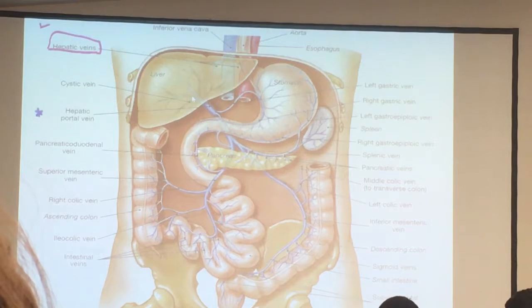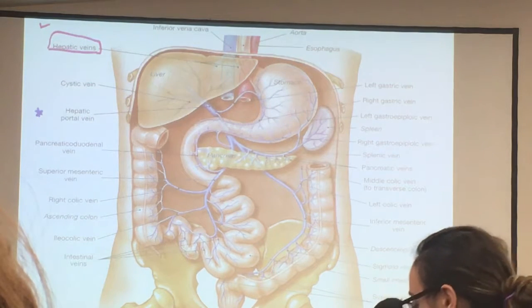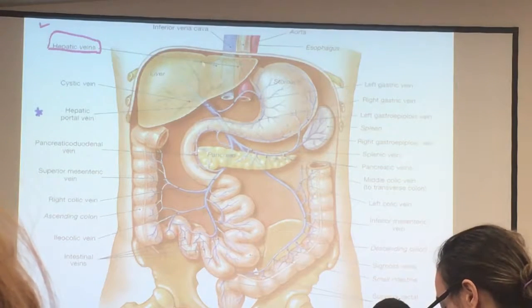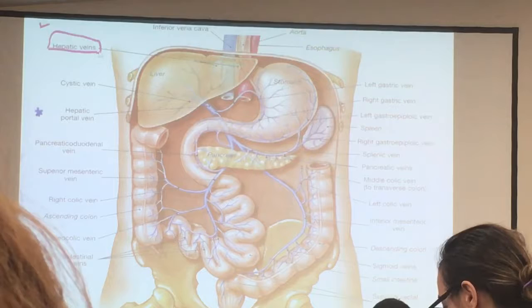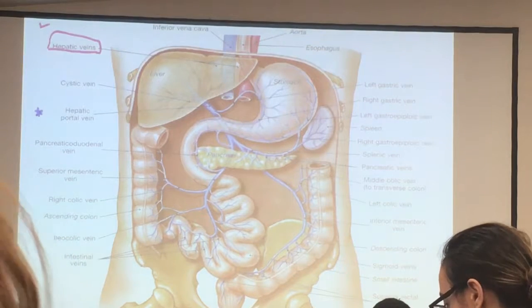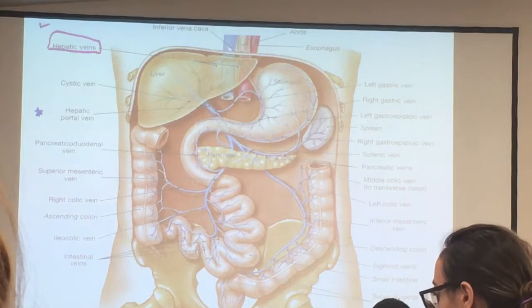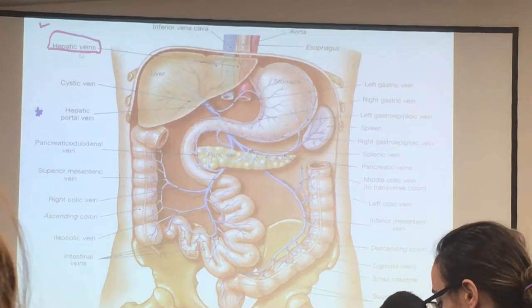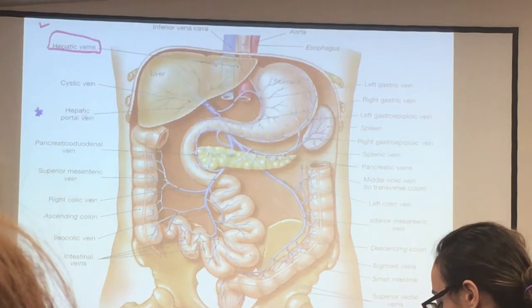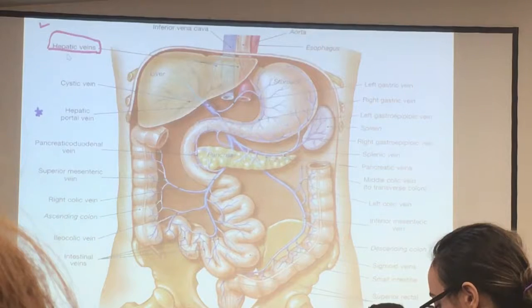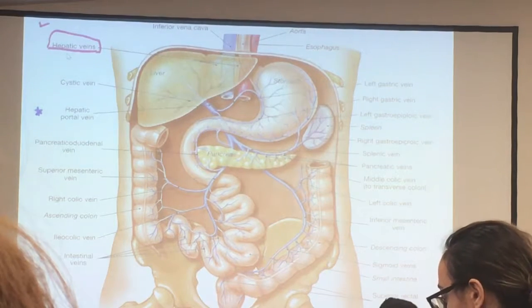It's stored in the liver, and when there is waste, they send it out through the hepatic vein. We have 2 major hepatic veins going to the inferior vena cava and sending blood to the heart. So the hepatic vein and the hepatic portal vein are completely different. The hepatic portal vein is in, the hepatic vein is out, and they are not connected.